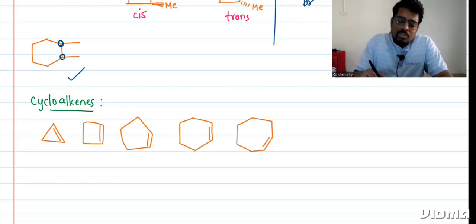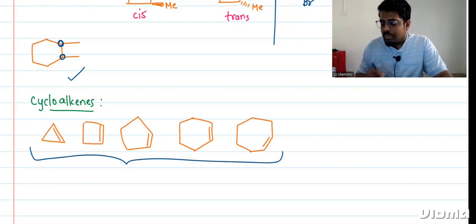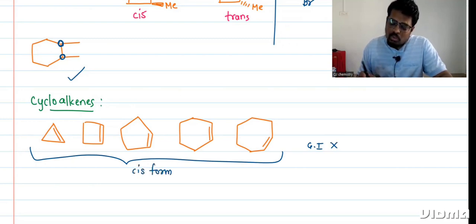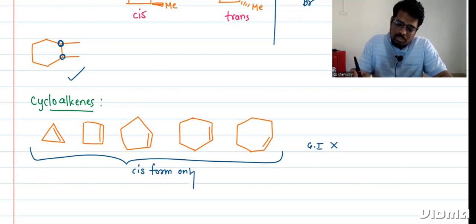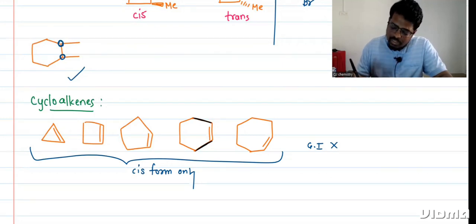Now, these compounds in cycloalkenes, up to 7-membered ring, do not show geometrical isomerism, because they exist in cis form only. They do not exist in trans form. So this ring is a cis form. Here, similar groups lie on the same side, and hydrogens lie on the same side.